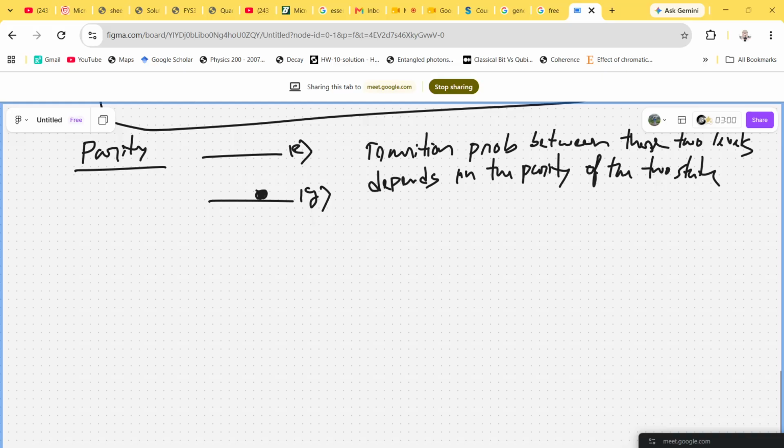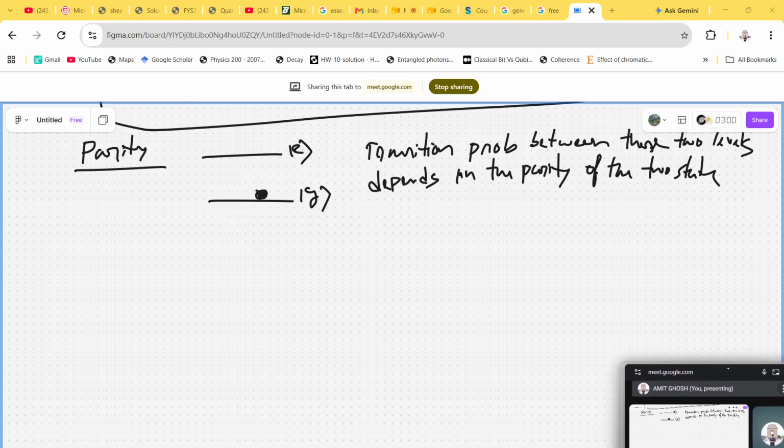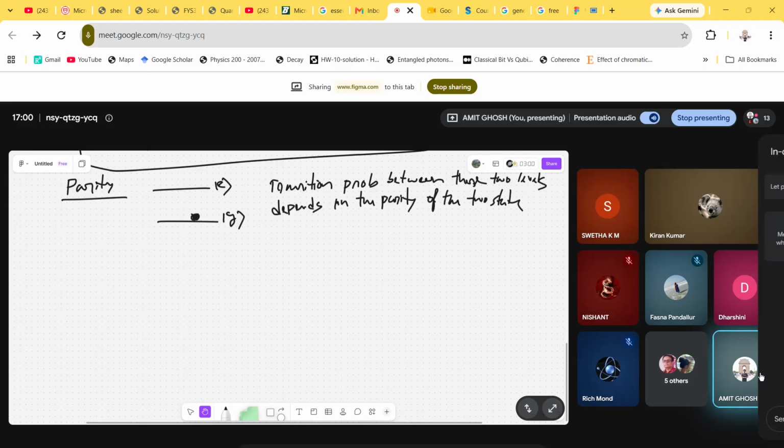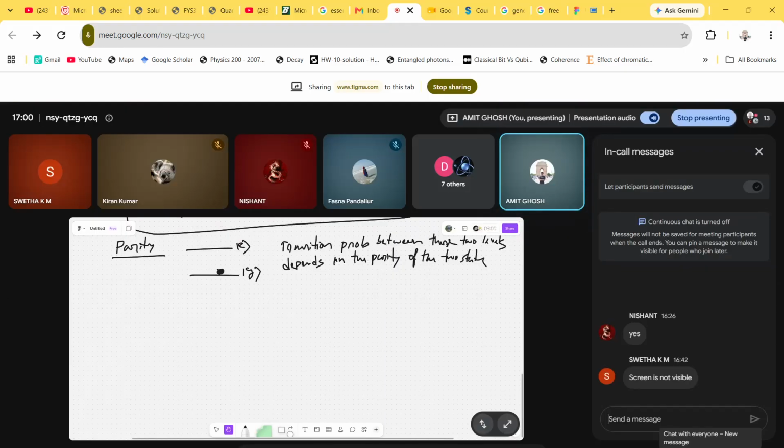So anyone knows the parity operator? Screen is not visible.